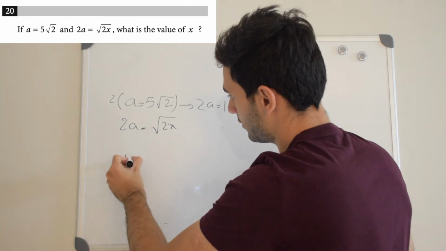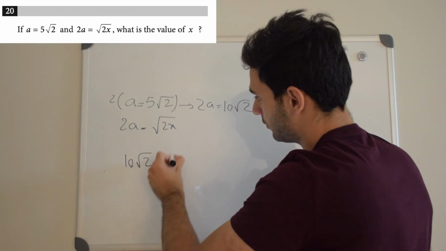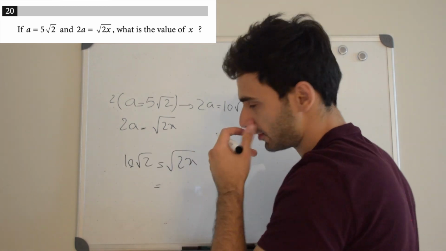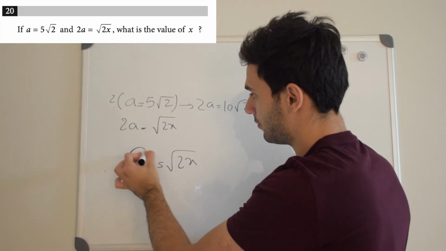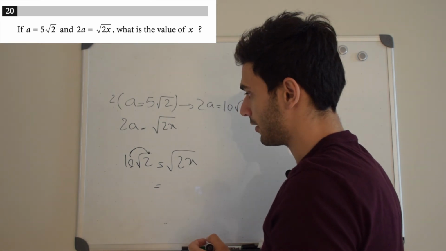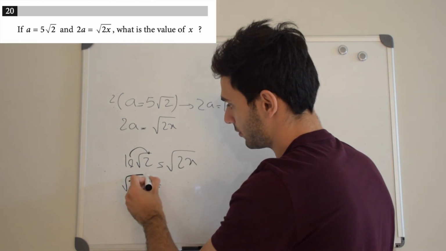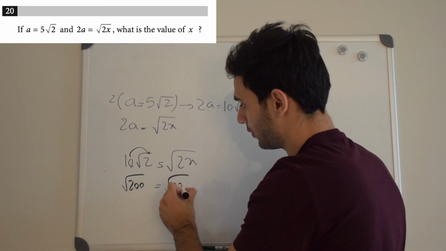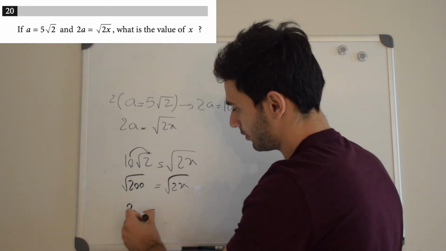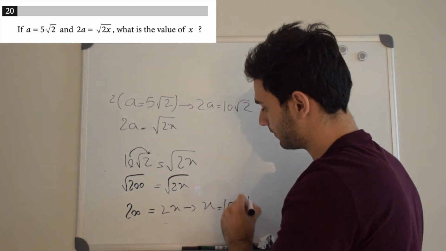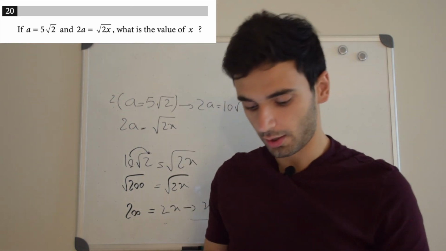Then 10 square root of 2 is equal to square root of 2x. So I'm going to simplify it a little bit. I'm going to put this 10 inside the radical sign, so it's going to be radical 200. Square root of 200 equal to square root of 2x. So I can write 200 equal 2x. Then x is 100. Done.